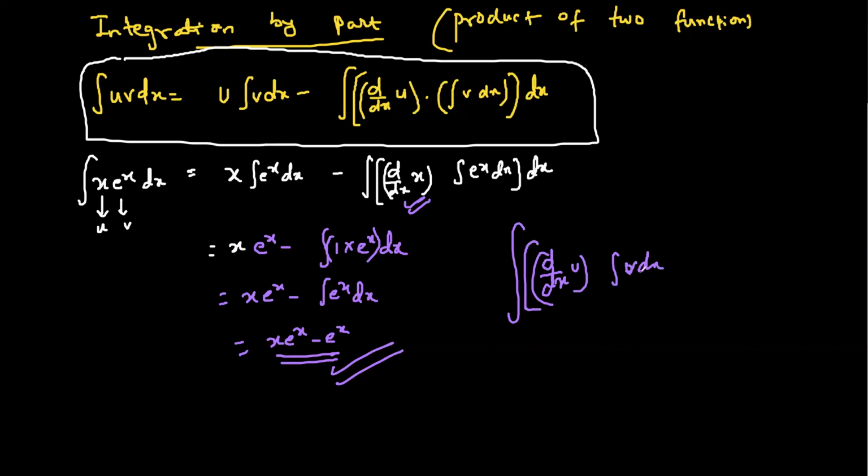After taking this, take the product of this and then again integrate the whole thing. This is the main formula. This is for integration by parts.